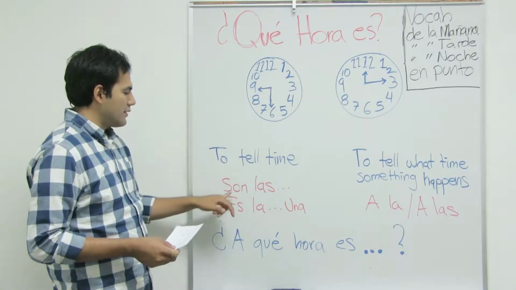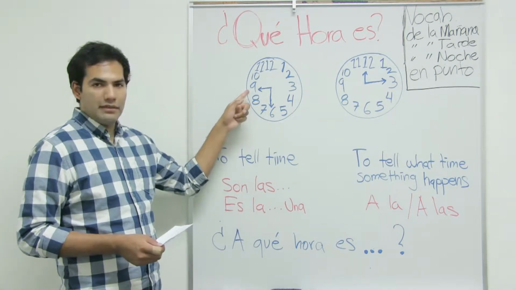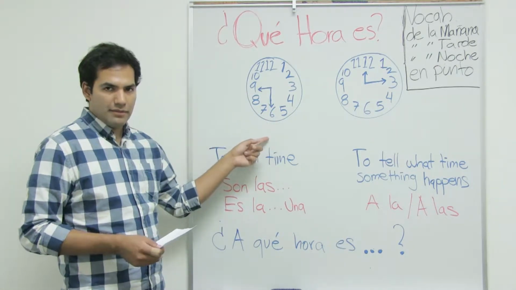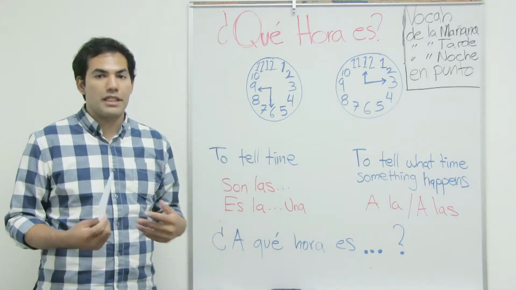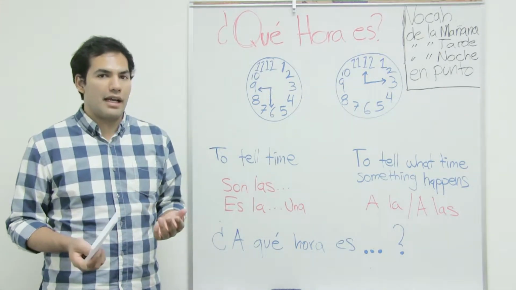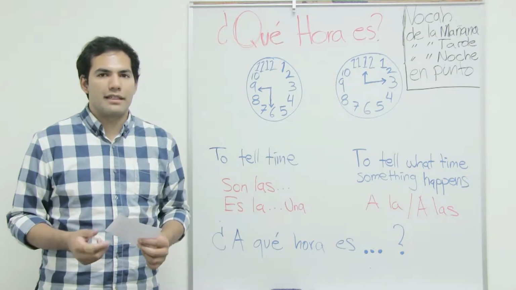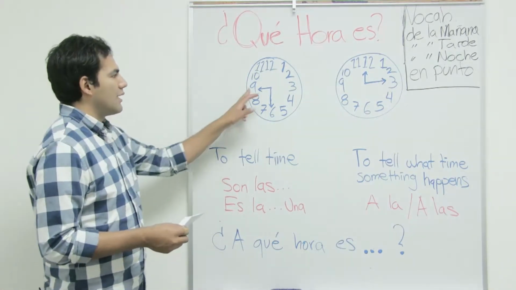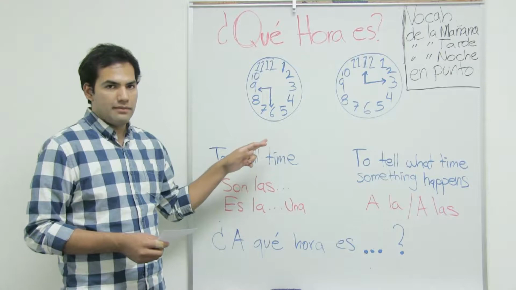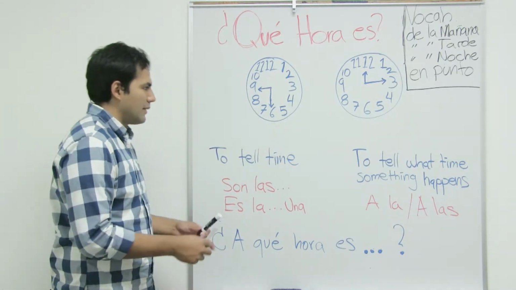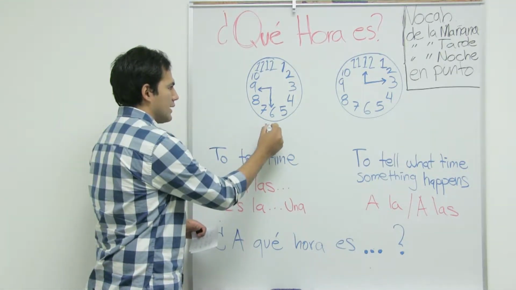So we're gonna say, son las 9:30, right? We can say 30, but we can also say 9:30. It doesn't work as well in English, but in Spanish you can say that. Las 9:30, right? So when talking about 30, we're gonna say media.